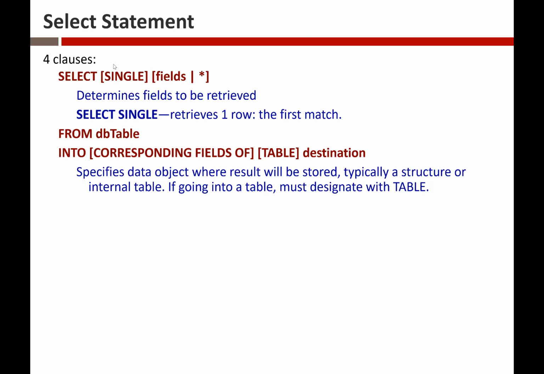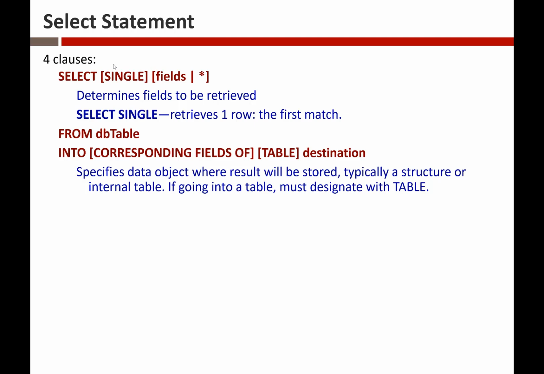But if this is a select not single, so I could be bringing back a whole set of records, then in a lot of instances, we're going to put this into an internal table. And if it's going into an internal table, then I have to put the keyword table there.